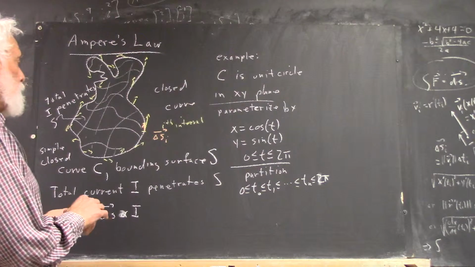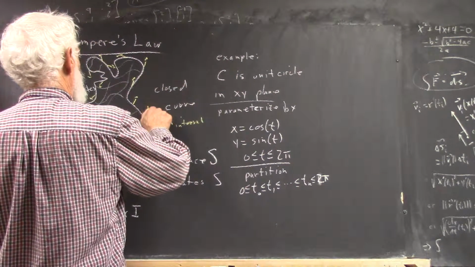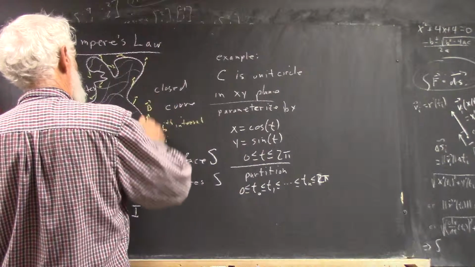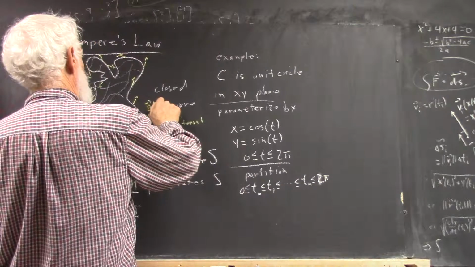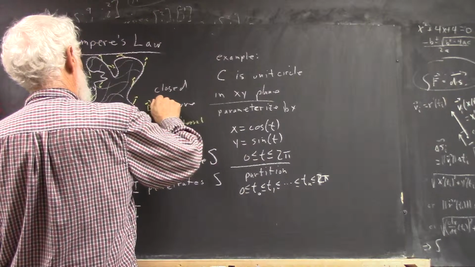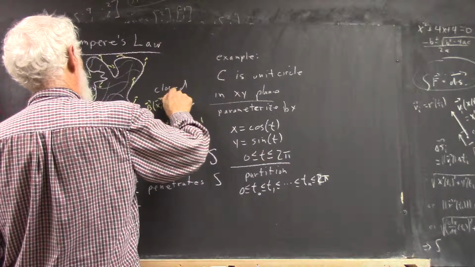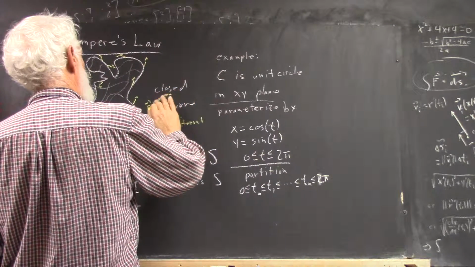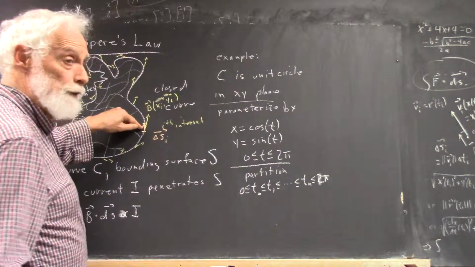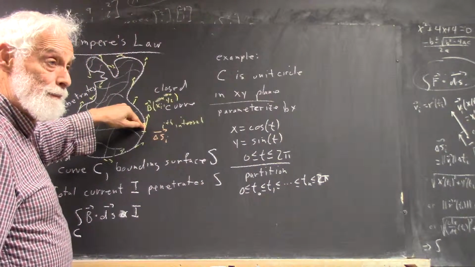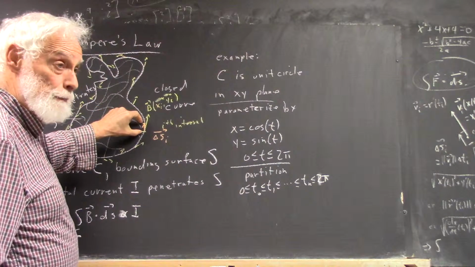So you have this, and this would be your magnetic field, B at xi star, yi star, where that's some point on the curve inside this interval.